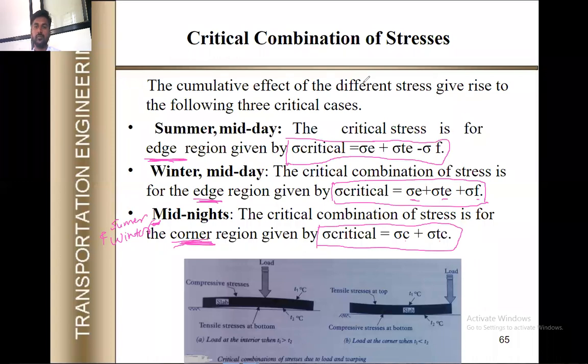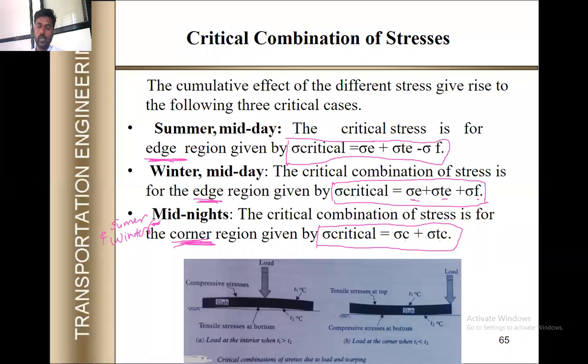Draw this figure, everyone. Write all these conditions.